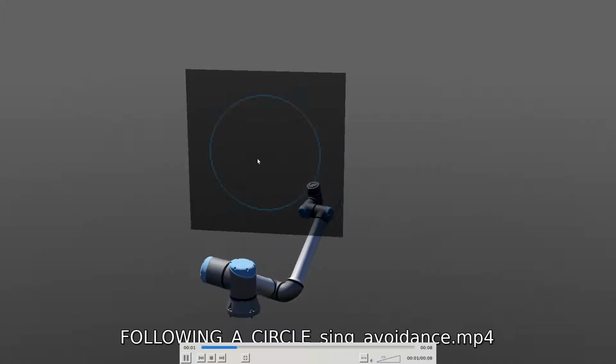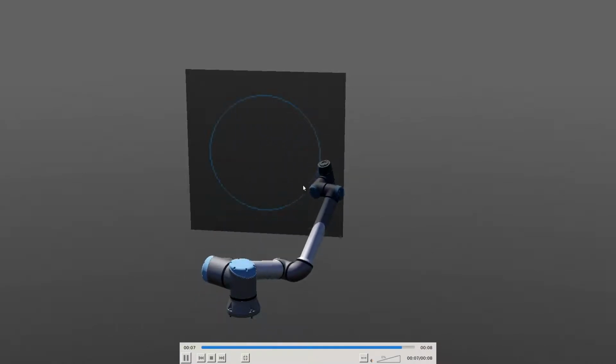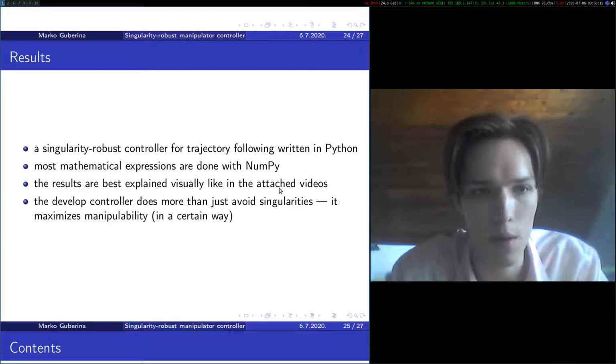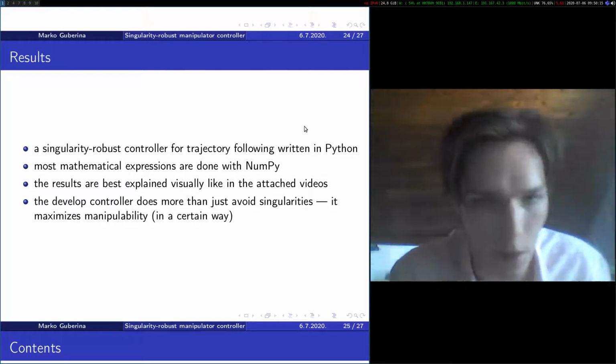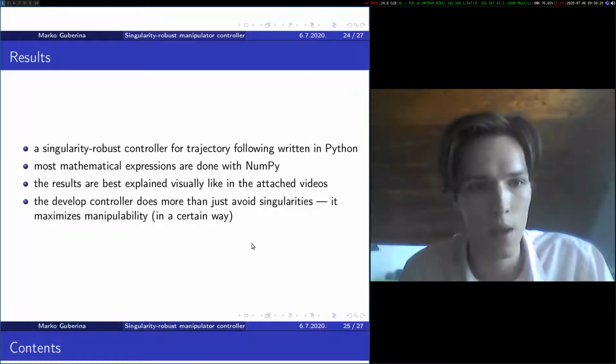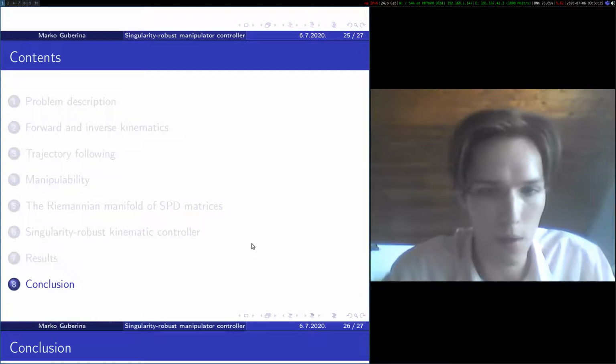So as you can see, the pose of the manipulator is changed so that it can follow the curve more easily with higher manipulability. Okay, so the results are: the controller written in Python with NumPy, the simulation which was done in VREP, and yeah, okay. And now the conclusion.